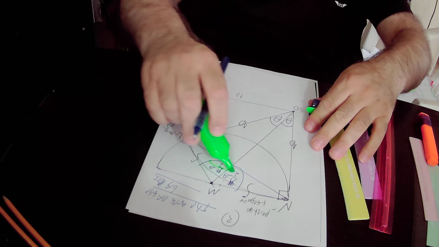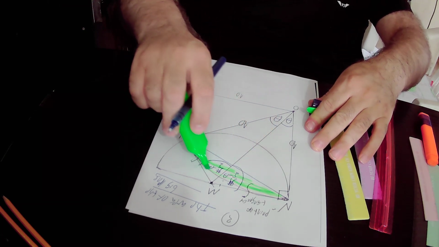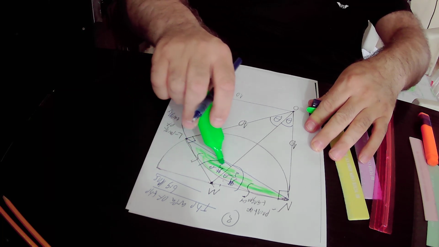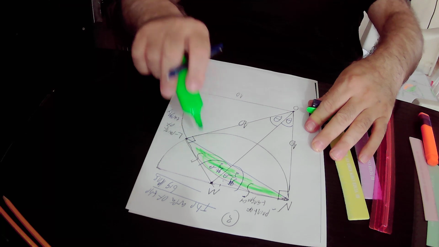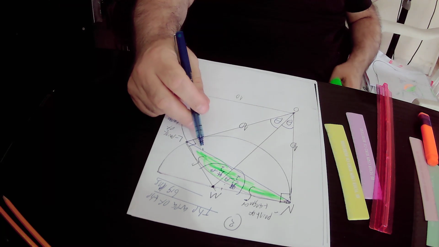In the next step, we'll find out the area of the lower circular segment. That will give us the area of the big lens. So in the first step, we'll find out the area of the upper circular segment.